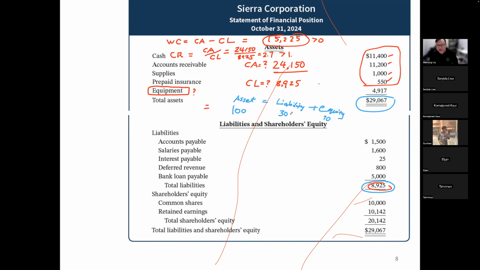It could be risky, right? Because if interest rates went up, just like right now, you would have to pay a lot more interest expense. Do you have enough cash flow? So the idea is the lower the proportion of debt, the better. So 30% in the general business sense is good. If the proportion is 90%, that's a little bit concerning. If you have too much debt, that's concerning.